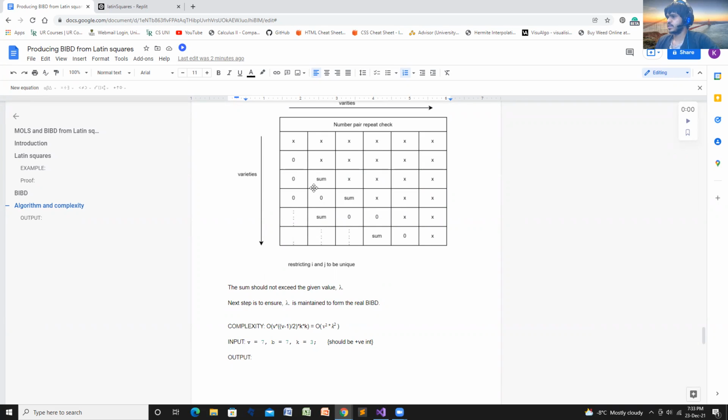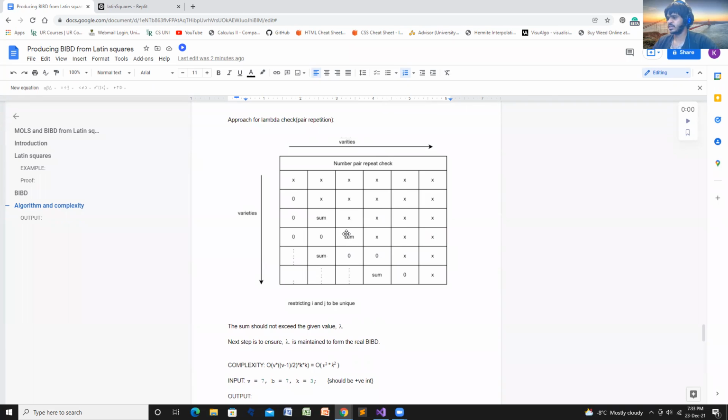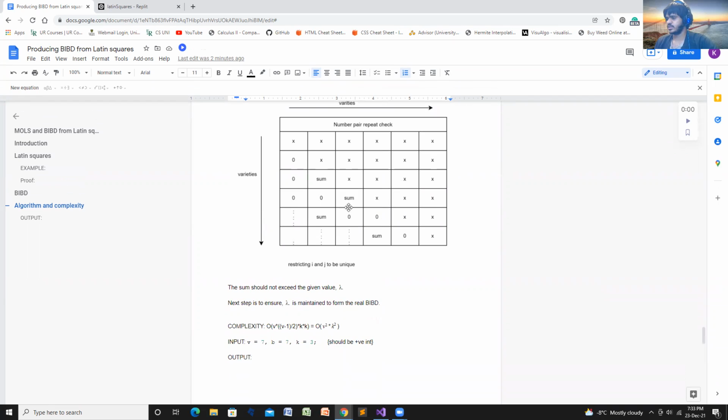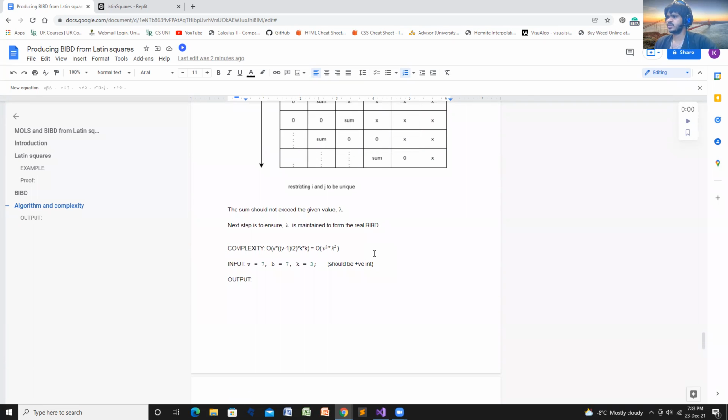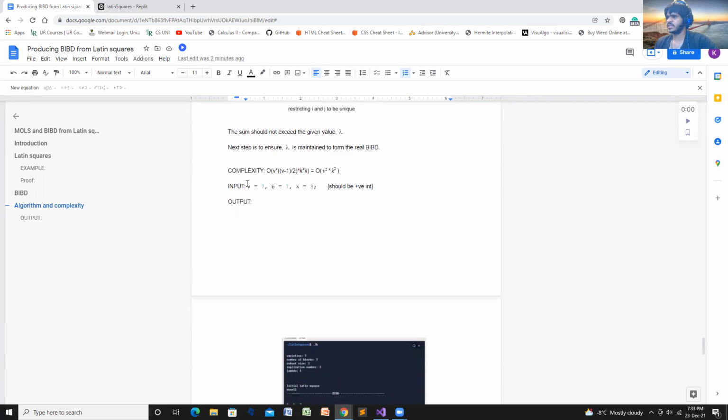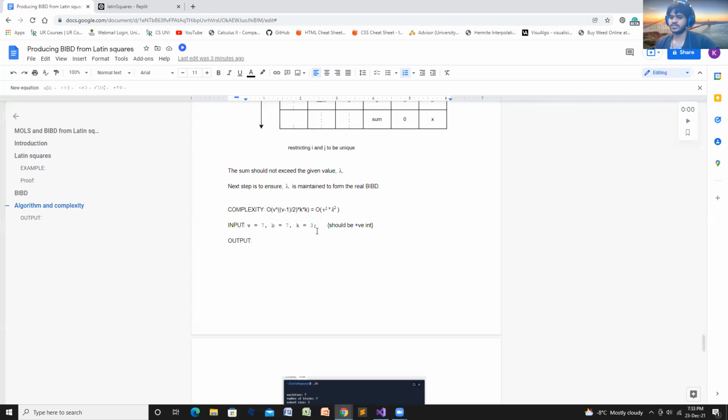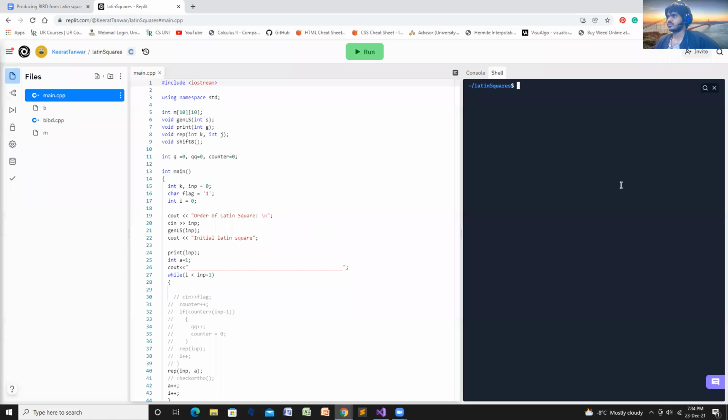Each pair's sum will be noted, and if the sum exceeds the condition, or lambda, then the code will reiterate and a new BIBD block shall be formed. Now we will be testing with input 7, 7, and 3. So now we'll be running this program.